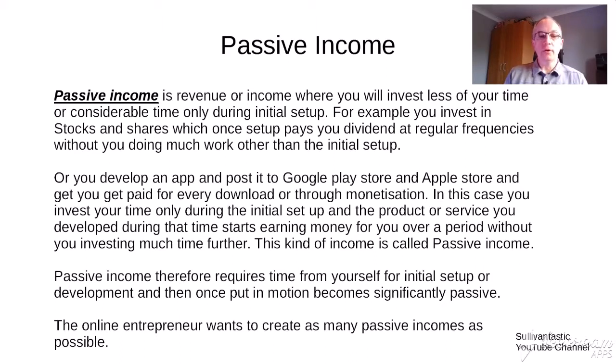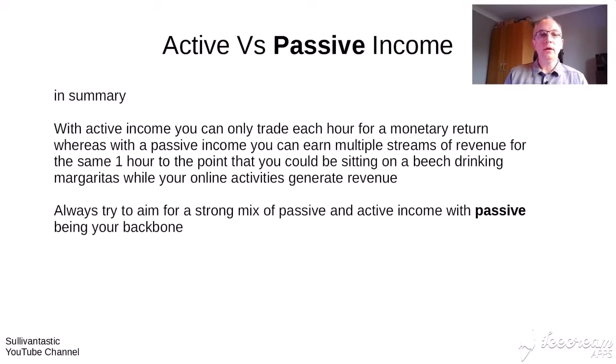For online entrepreneurs, or for any entrepreneurs for that matter, you want to create as many passive incomes as you can. So in summary, with active incomes, you only trade each hour of your time for a monetary return. You may have a fantastic hourly rate, but that's as much as you can generate from that. Whereas with passive income, you can have multiple streams of revenue for that same 1 hour.